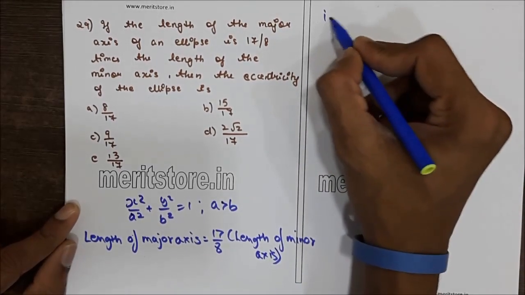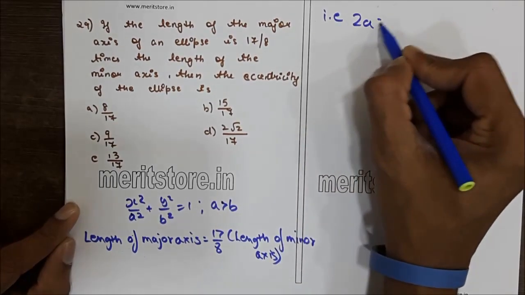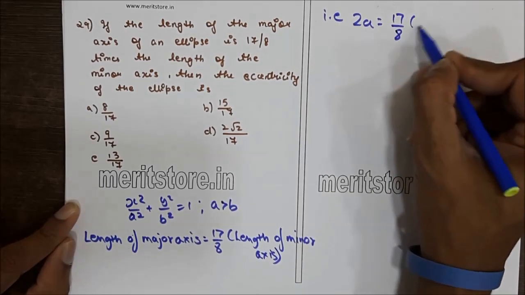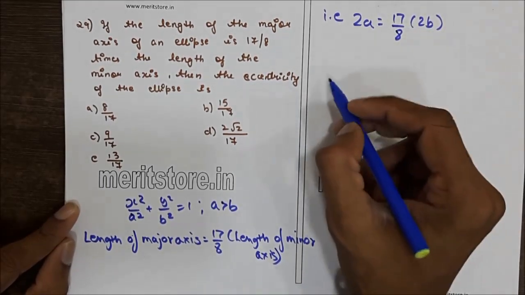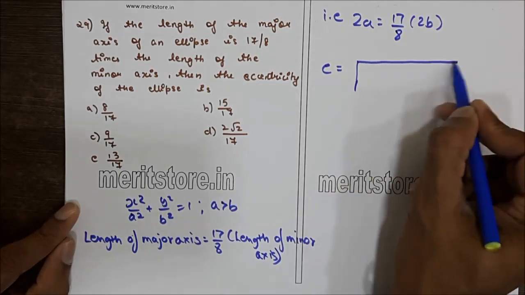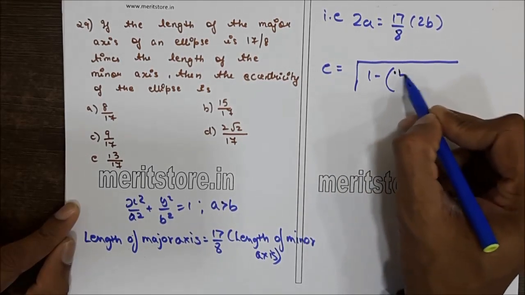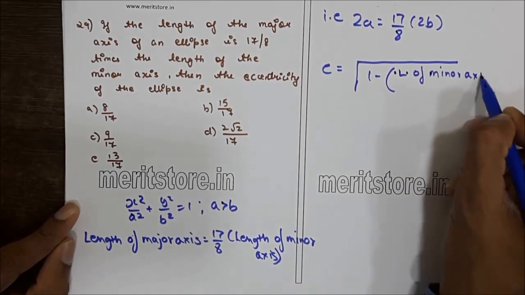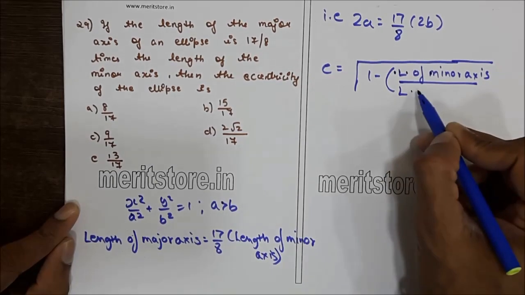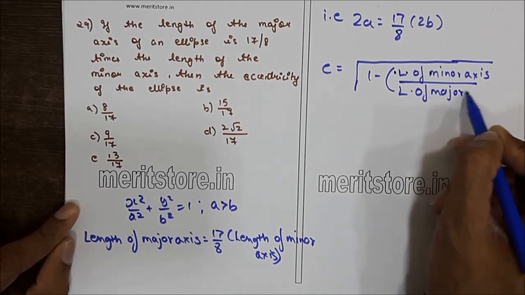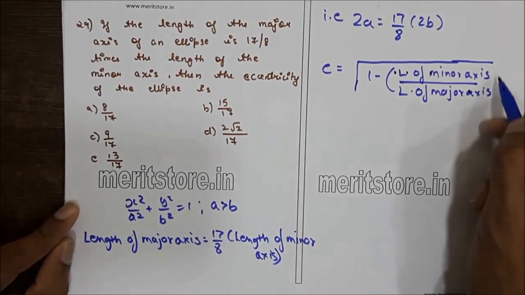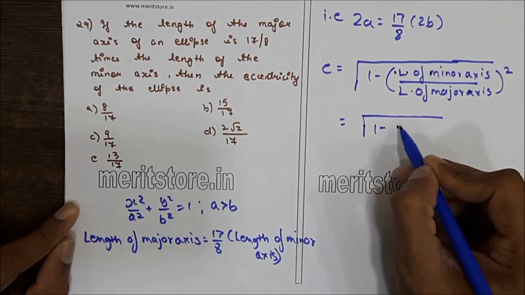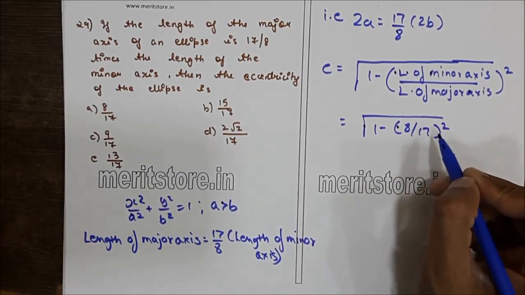So that is, if we see, we get 2a equal to 17 by 8 of 2b. Further solving this, we know eccentricity is equal to under root of 1 minus length of minor axis upon length of major axis, the whole square, which is equal to under root of 1 minus 8 by 17 the whole square.